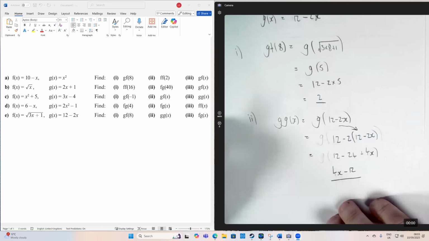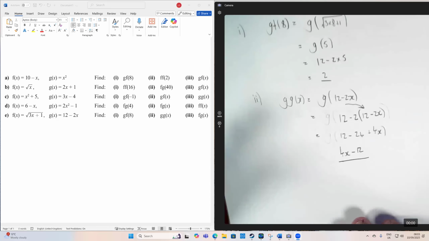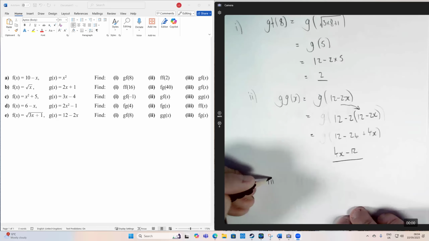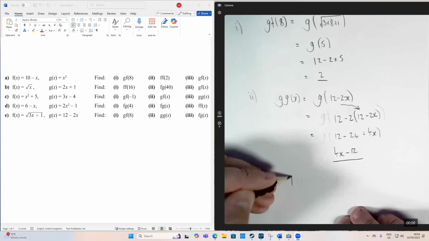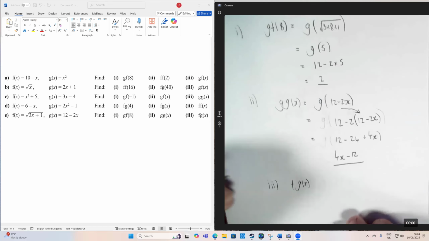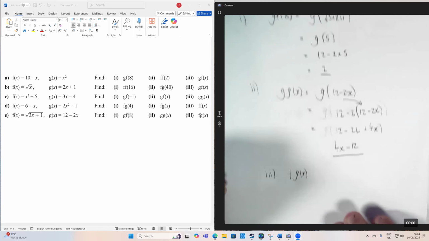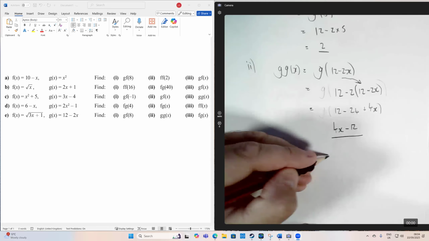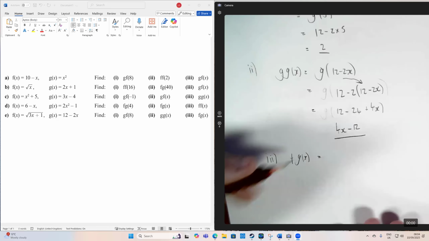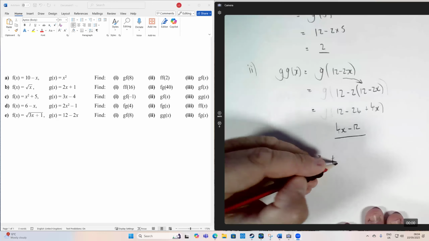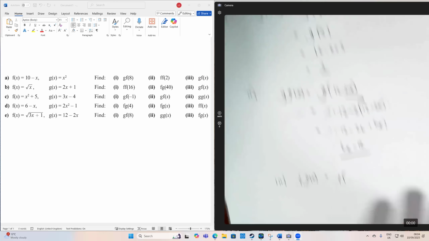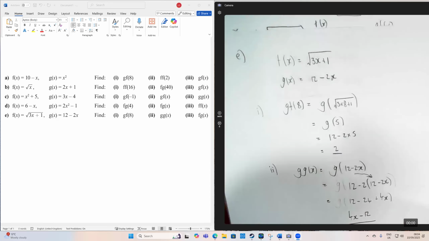And then finally, what does it want us to find? F of g of x. So part 3, we've got to find out now f of g of x, okay? So f of g of x. Now, g of x is going into our f of x. So we're going to have f of whatever g of x is, and our g of x is 12 minus 2x.